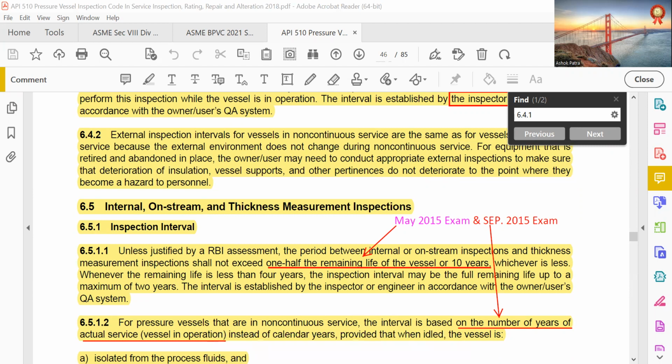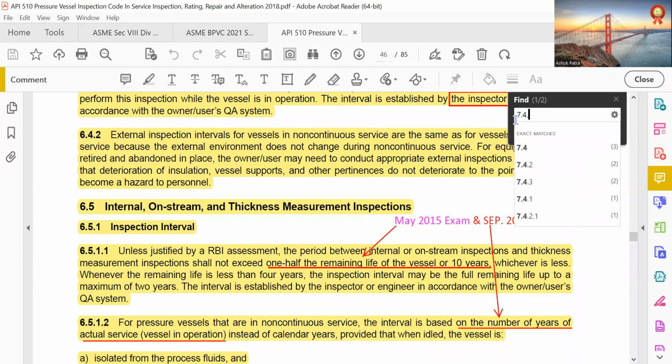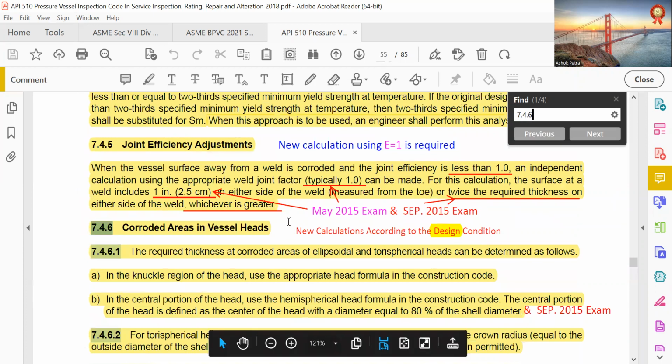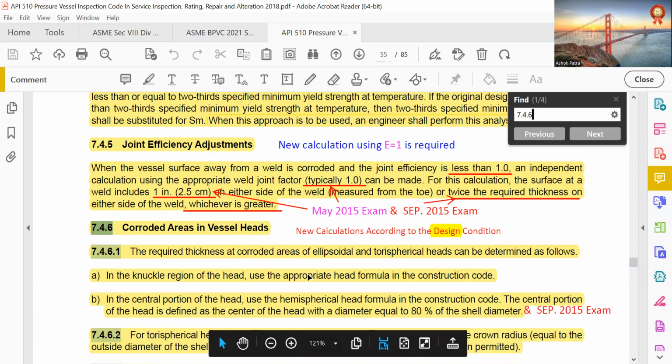So that is how it is. Let's see. In the local region of the head, use the appropriate head formula in the construction code.